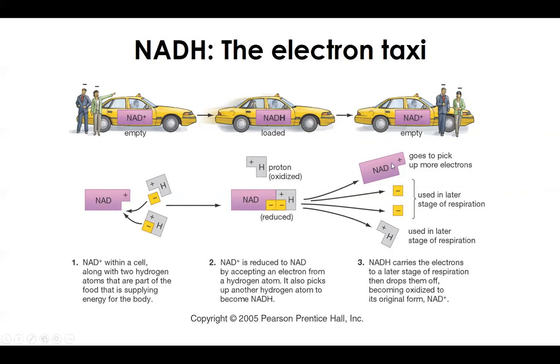When we get to the destination, which will be the electron transport chain, we dump the electrons out. The proton that was attached here can go elsewhere. It's not going to be part of it. And the empty NAD plus can go back to start this again. So really, the key concept is that NAD plus picks up 2 electrons.